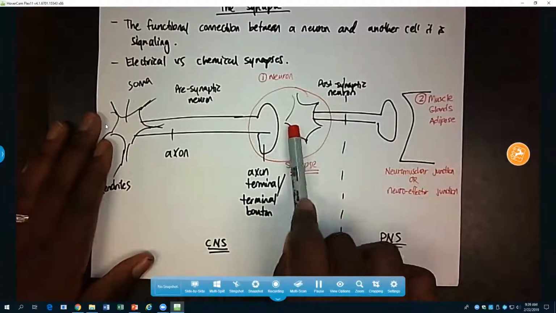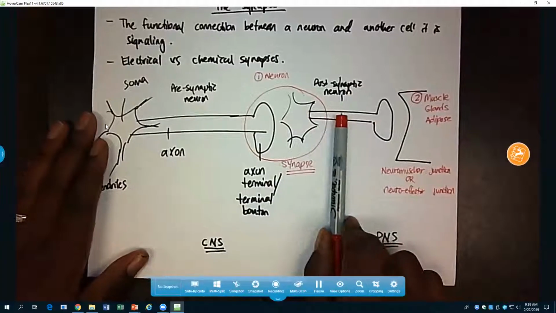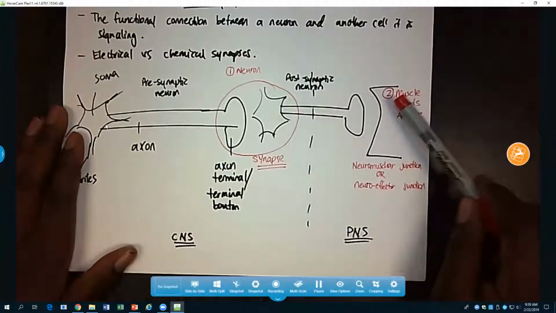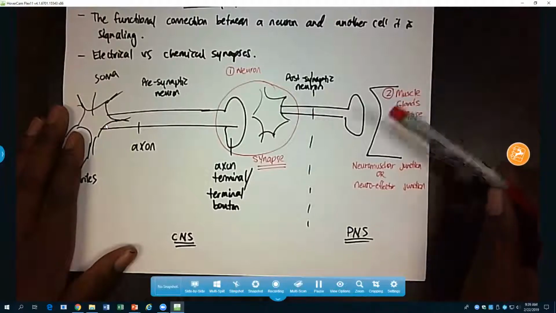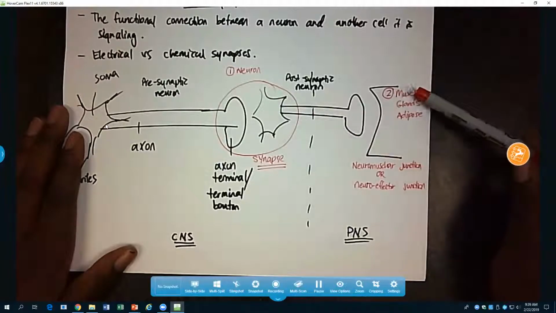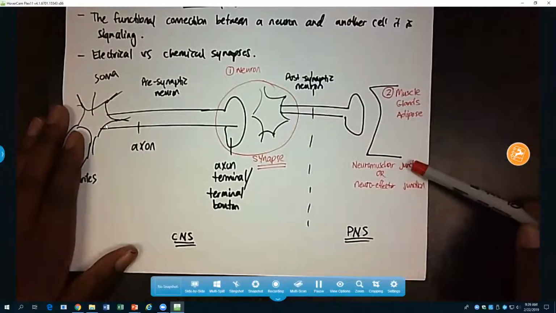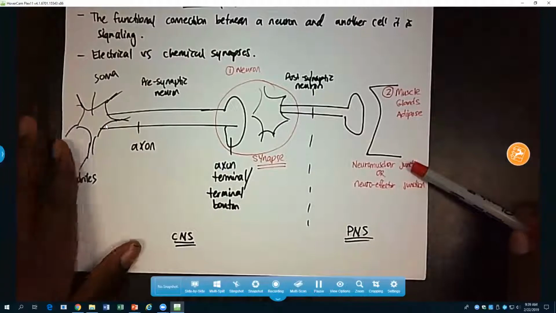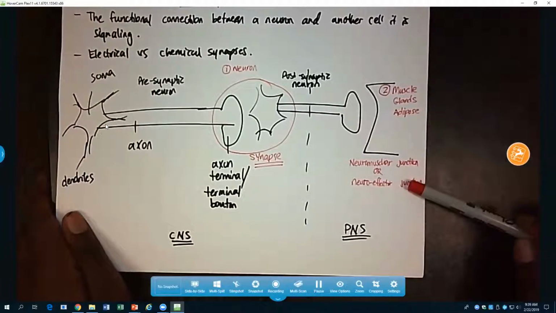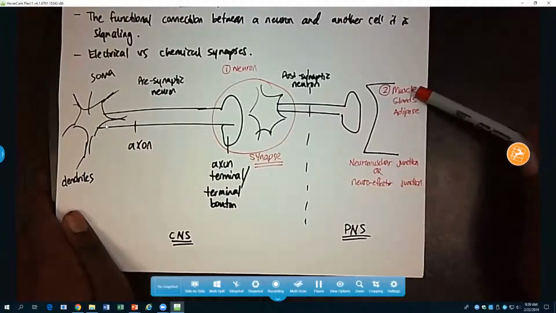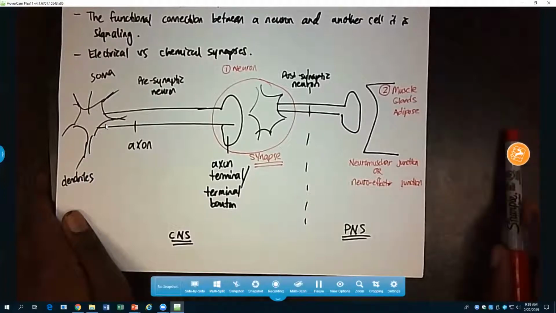Now, this second neuron will leave the central nervous system, and this is our second option for another type of synapse. If this second neuron synapses onto a muscle cell, an epithelial cell of glandular tissue, or an adipose cell, in this case, this synapse will have a different name. It would be called either the neuromuscular junction or the neuroeffector junction, depending on which of these types of tissues we're synapsing on.